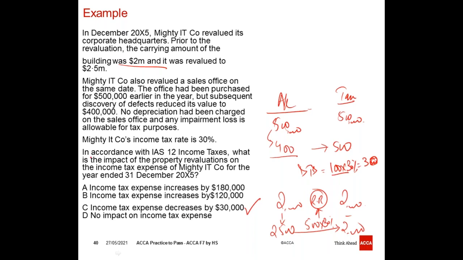And the question specifically asks, in accordance with IAS 12, what is the impact of the property revaluation on the income tax expense? So if there is a deferred tax asset, the accounting entry will be DTA debit 30 and income statement credit 30.